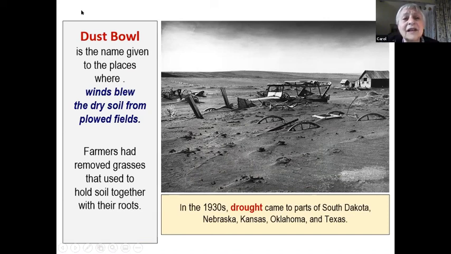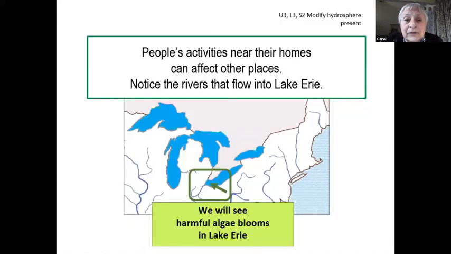In the past, in a drought, the grass would go dormant, but its roots would still be in place, and you wouldn't get the tremendous blowing of soils that happened in the time that's called the Dust Bowl in the 1930s. So people never intended this to happen, but sometimes we don't realize when we make a modification that other things like drought will be worse than we expect, and we get terrible consequences.